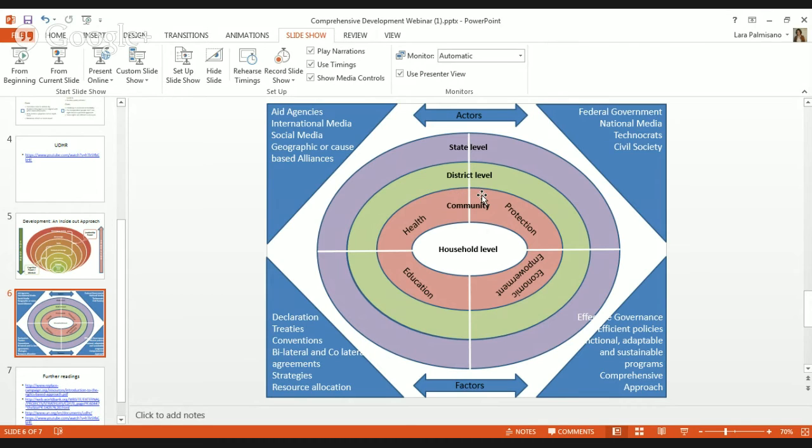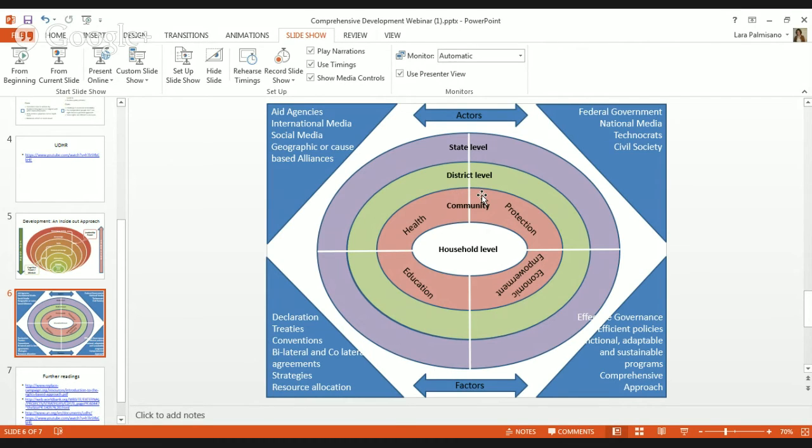The state is responsible for policy, resource allocation, and designing strategies. But then there is a second level of responsibility which comes to the district level, which is the administration and management of all these resources. And in a given district, there are, for example, more than 100 schools.